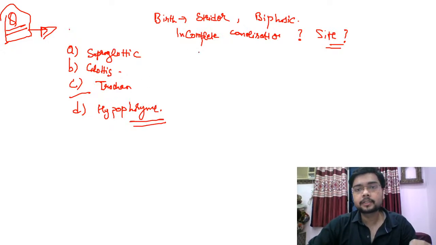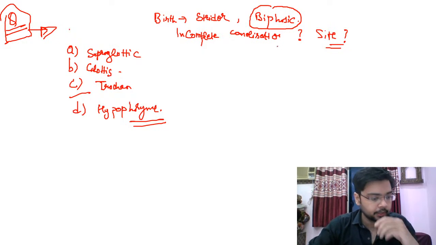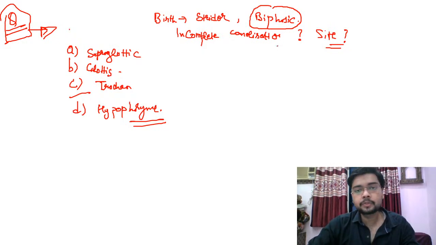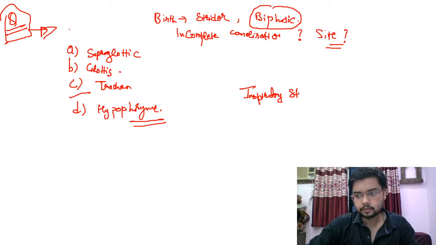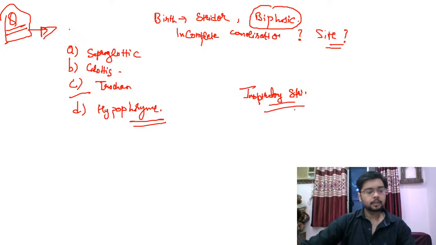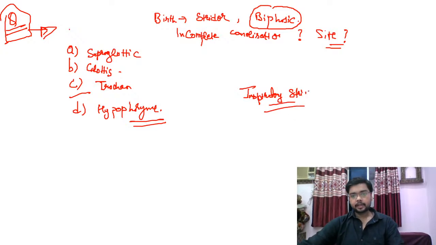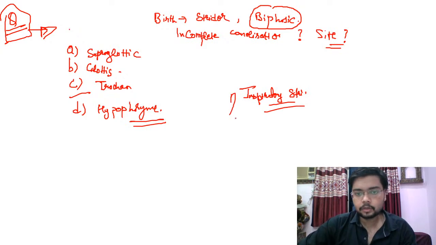Now to answer this, you must understand when the stridor is biphasic, when it is inspiratory, and when it is expiratory. So can anybody of you tell me when you will get an inspiratory stridor? Okay, I'll tell you the columns.